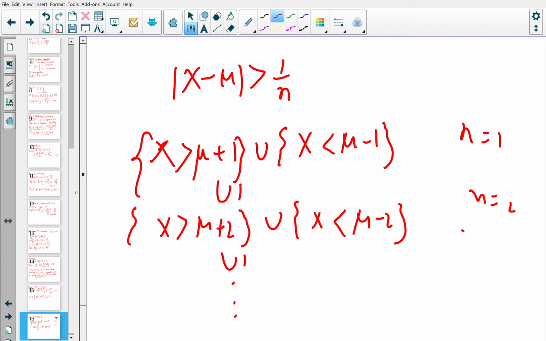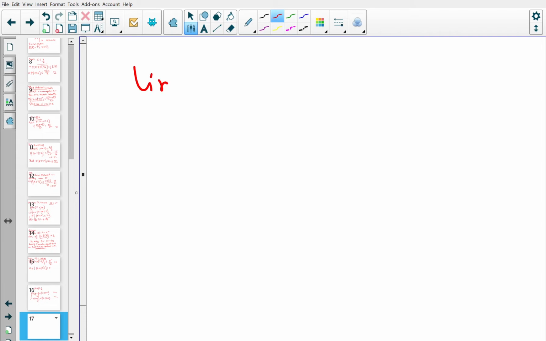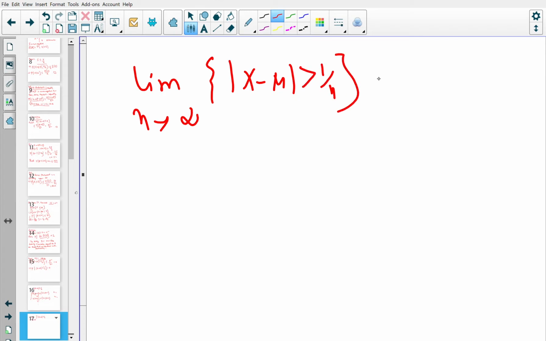So similarly we can write the limit as n tends to infinity of the event mod of x minus mu greater than 1 by n. This limit is nothing but the intersection over n of these events, mod of x minus mu greater than 1 by n. And now what is this intersection?